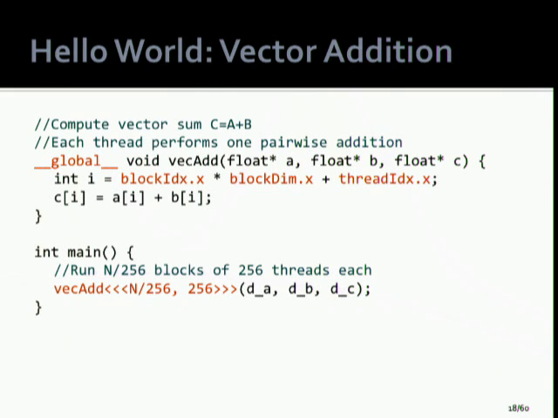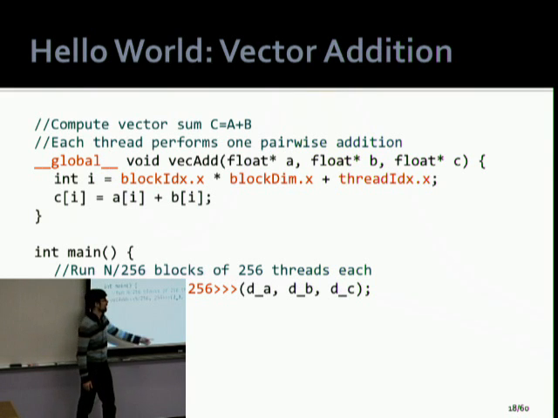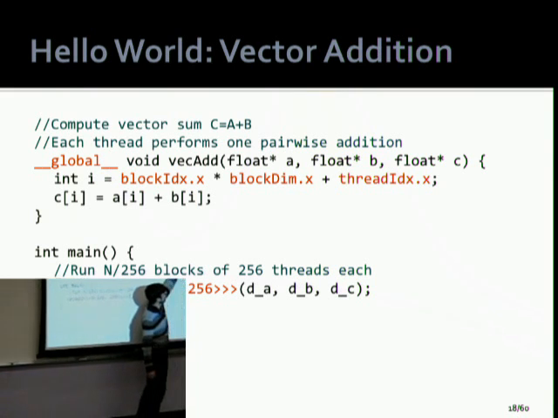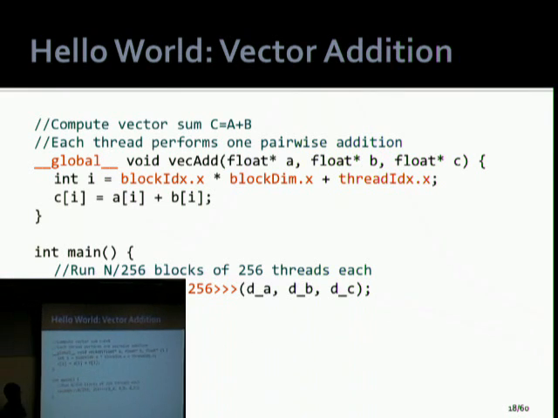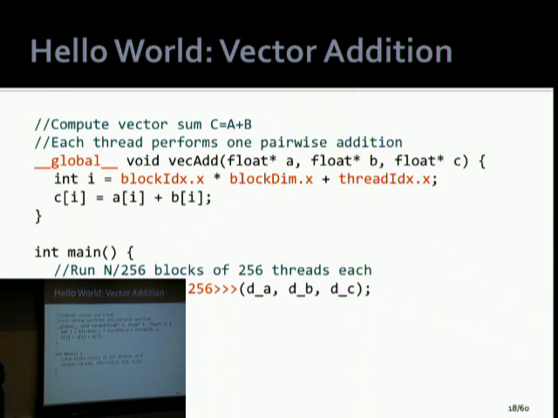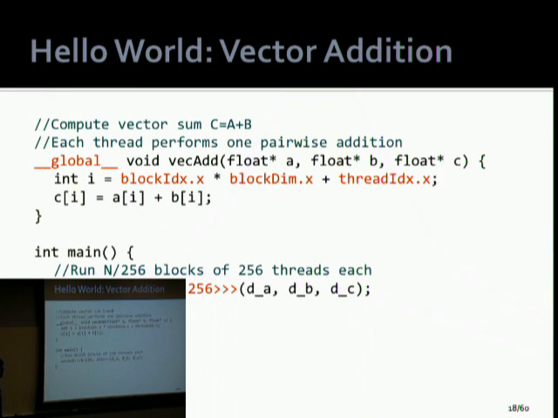If you'll notice, because every global function, and this is an entry point, this is something that you can call from the CPU, has to have a void return, that means that the results, what you're going to produce, have to be pre-allocated and are also one of the arguments to your function. So in this case, the output is a vector that I'm calling C, and it's just another input to the function.